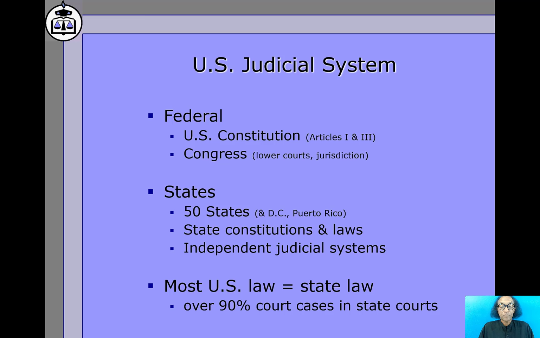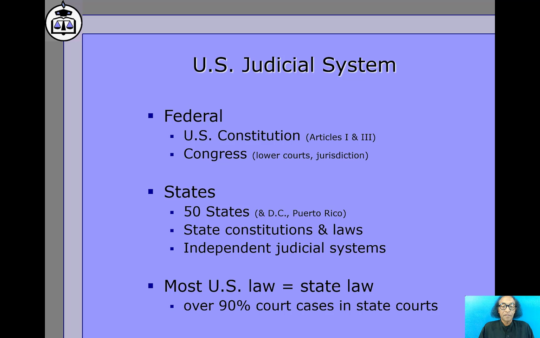But both the federal and state courts are independent in and of themselves, meaning that they cannot be subjected to political pressure by anyone else, either the legislature or private individuals.